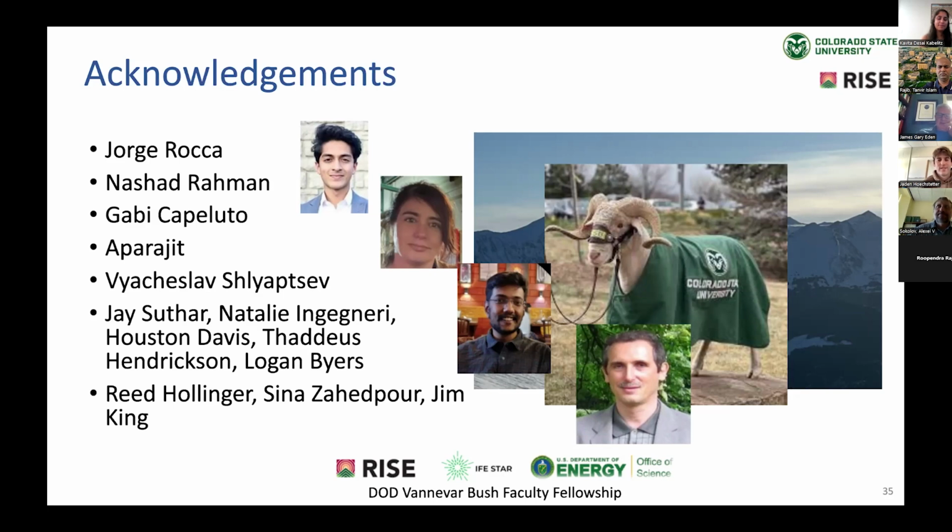Let me say you did a great job in presenting your results. I have a simple question. You prefaced your talk by saying that CSU and Marvel Fusion are pursuing this as a different approach to IFE.